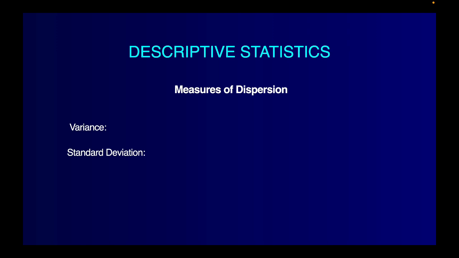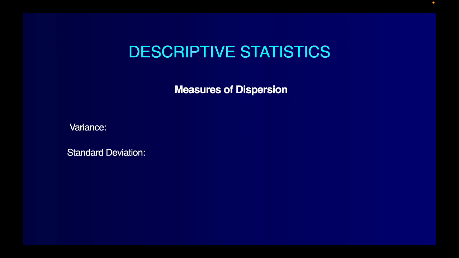Next is standard deviation. It measures the spread of values in a dataset. Variance tells us whether the values are spread or not, and standard deviation measures that spread. A lower standard deviation means the values are closer to the mean.